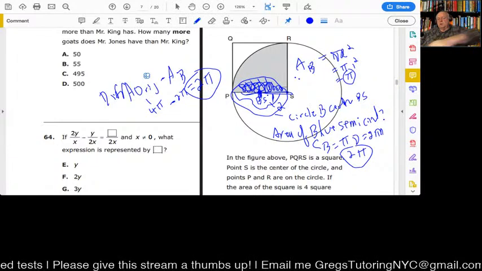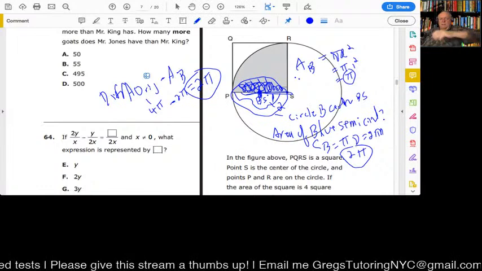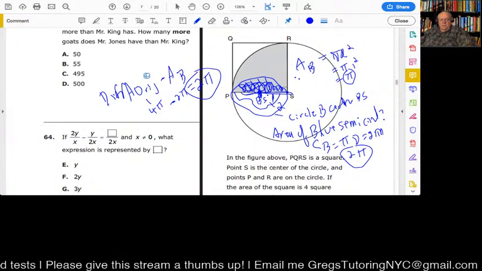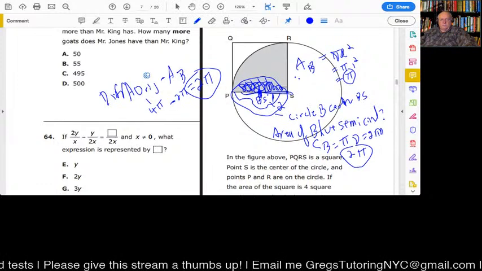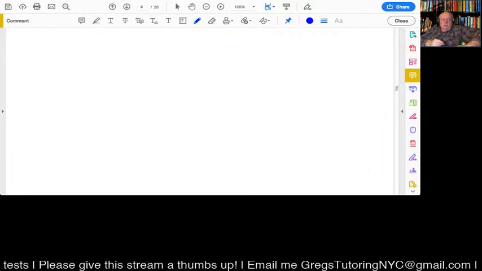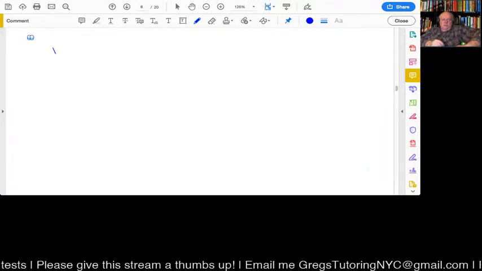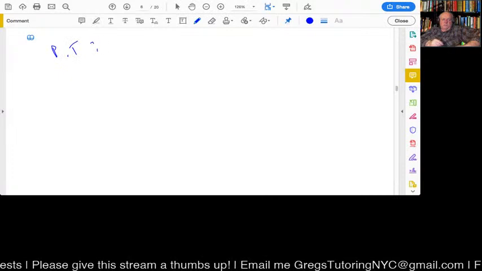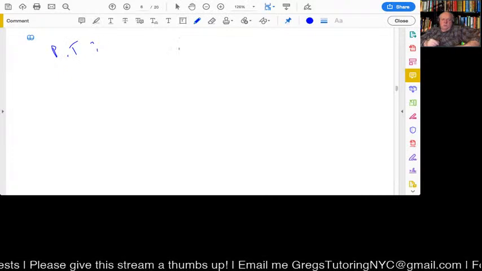Just make sure you know your formulas. Here's some thoughts, Oreo. Let me get a clean page on this. Do you know your Pythagorean triples? Do you know your perfect squares?